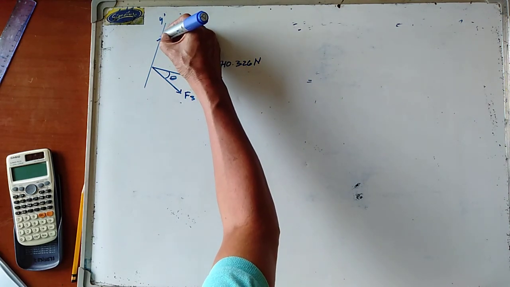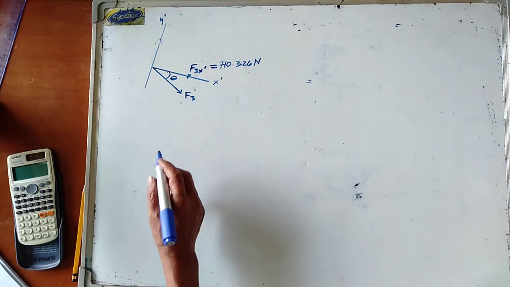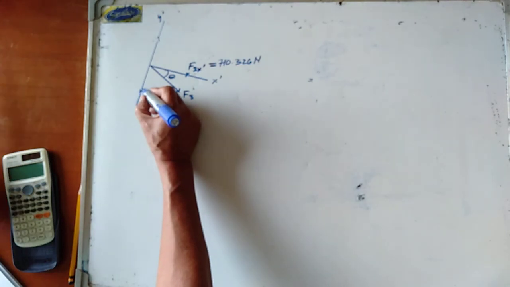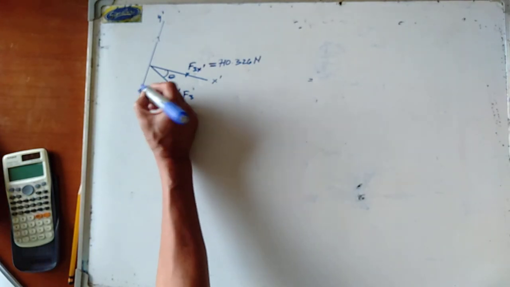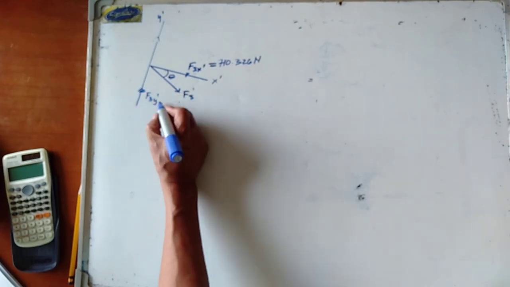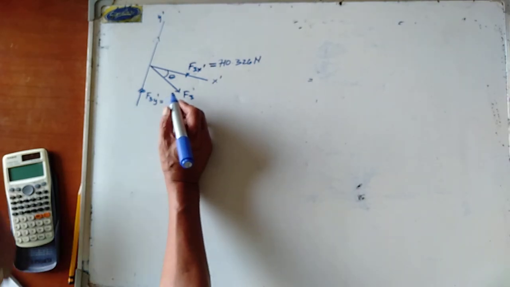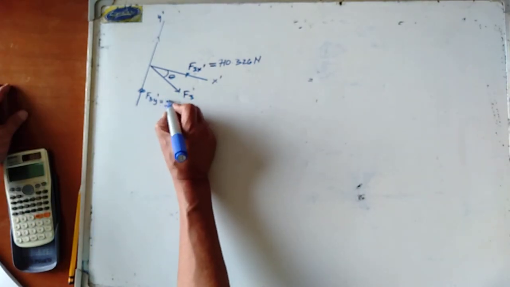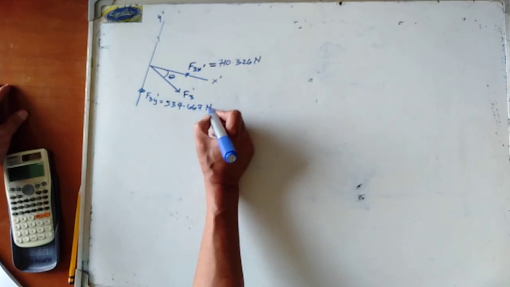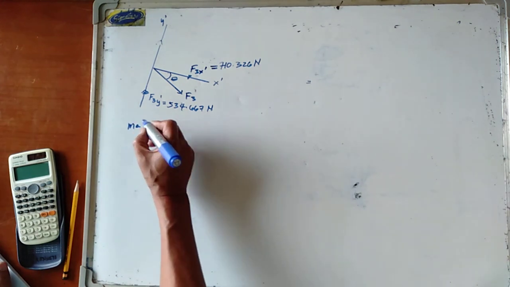And this one in here is now your F3y prime, which is equal to 534.667 newtons. So let's try to determine now the magnitude.